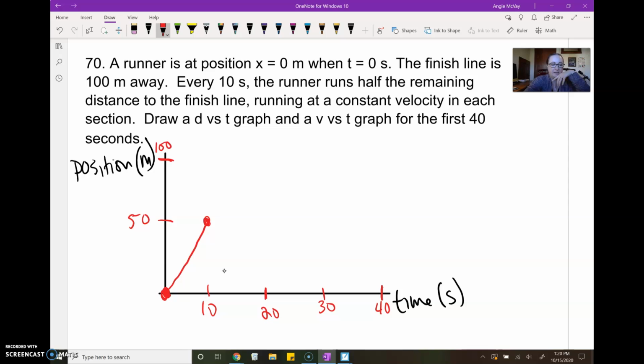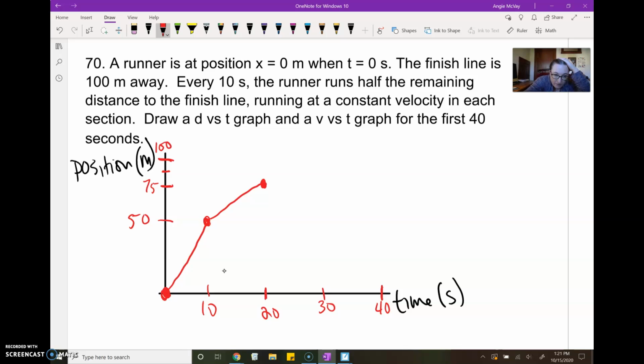Okay, the next 10 seconds, we'll cover half the distance again. So halfway in between 50 and 100 is 75 meters. So at 20 seconds, we're now at a position of 75 meters, and draw a straight line. And then the next 10 seconds, half again, so it's like 87.5 meters.